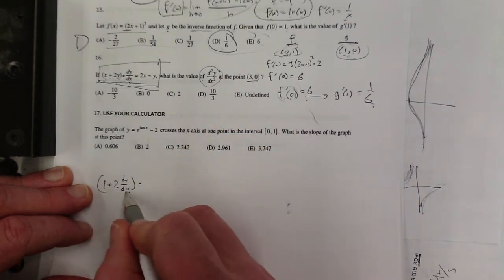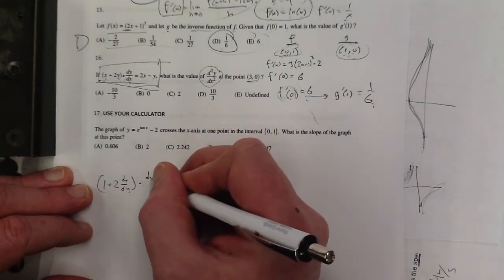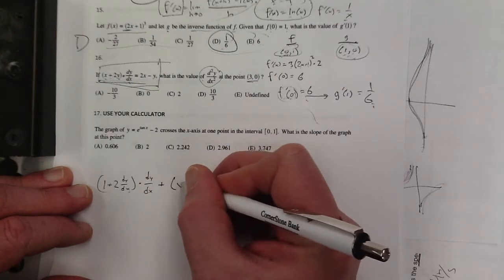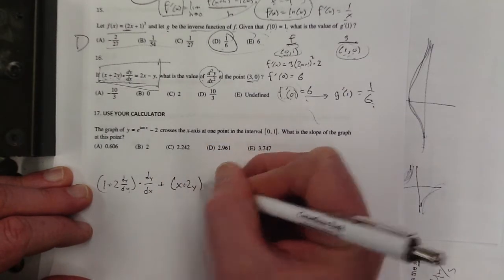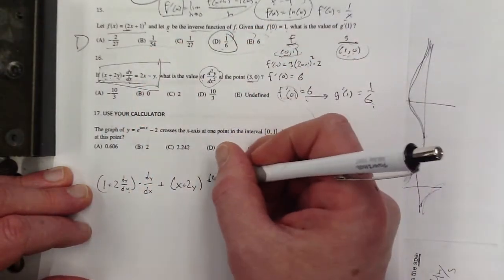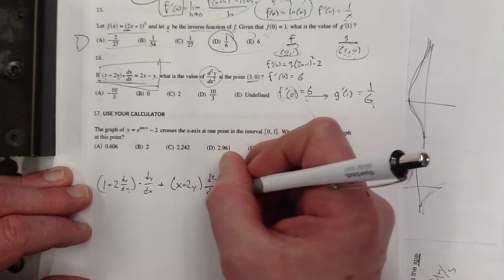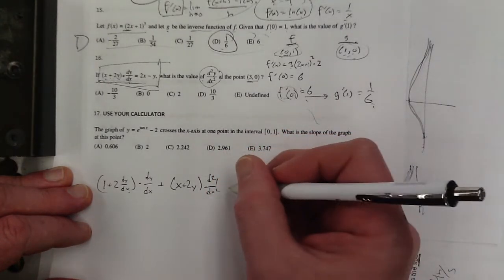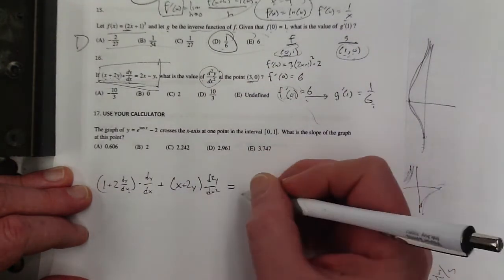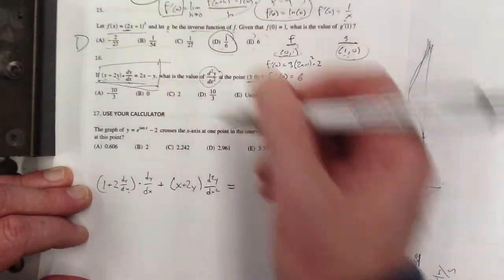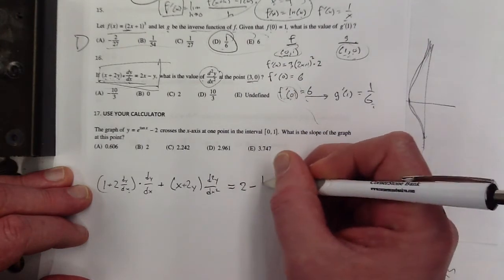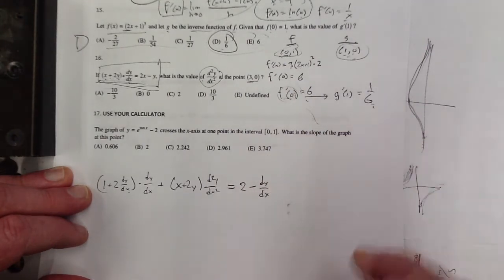So the derivative of the first times the second plus the first times the derivative of the second. And the derivative of dy/dx, that's the second derivative. So that's where this pops up. So there's product rule on that. That is equal to the derivative of 2x, which is 2, minus the derivative of y, which is just dy/dx.